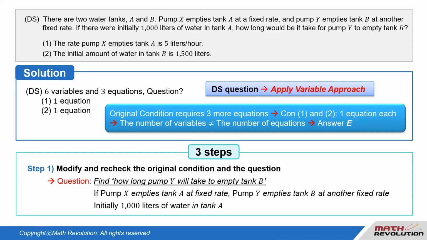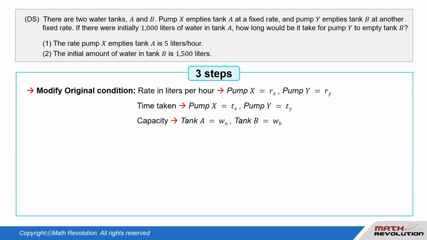We have to find how long pump Y will take to empty tank B if pump X empties tank A at a fixed rate, while pump Y empties tank B at another fixed rate, and there is initially 1,000 liters of water in tank A. Here, we are talking of 2 pumps and tanks.